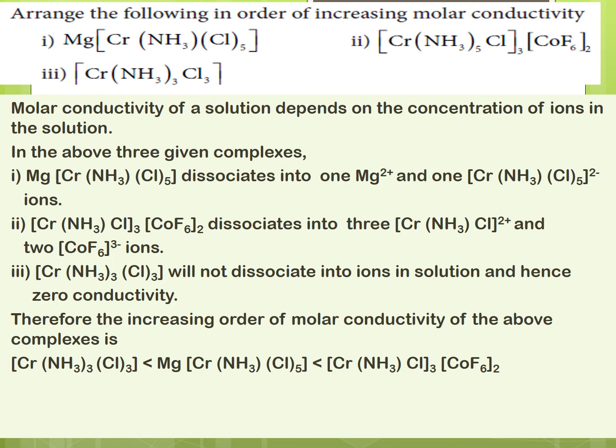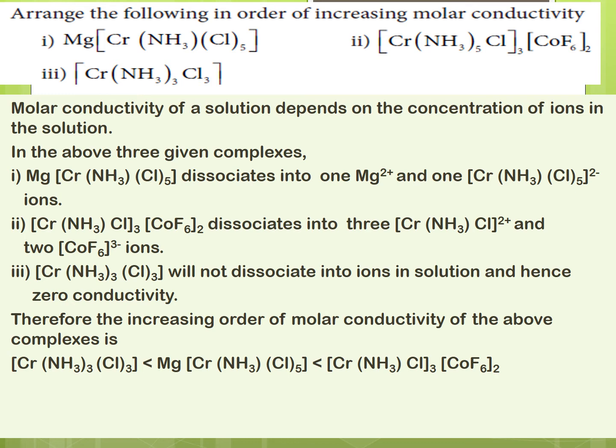The second complex can furnish 3 complex cations and 2 complex anions. The third complex is a neutral complex, so it does not dissociate into ions. So conductivity is not possible for the third complex solution.